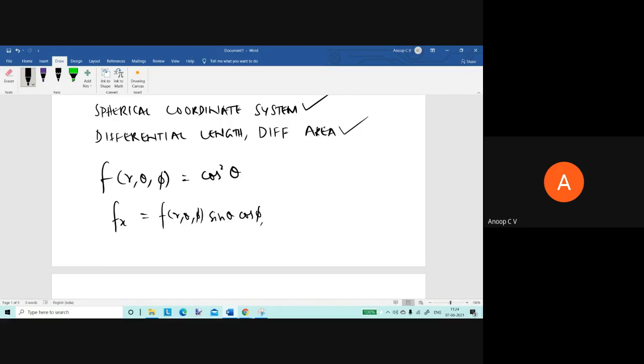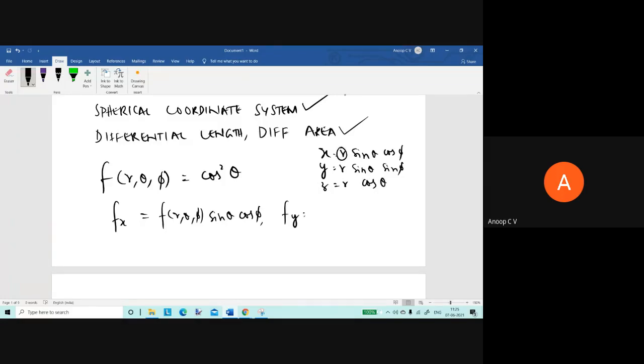It's spherical to Cartesian: x is equal to r sine theta cos phi. You have studied it already, I'm not going in deep. Y is equal to r sine theta sine phi, and z is equal to r cos theta.